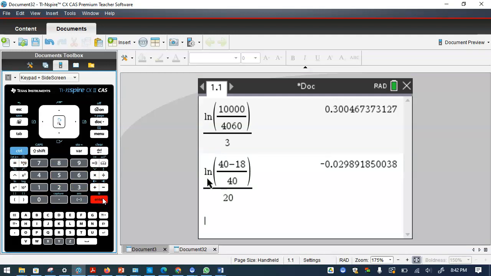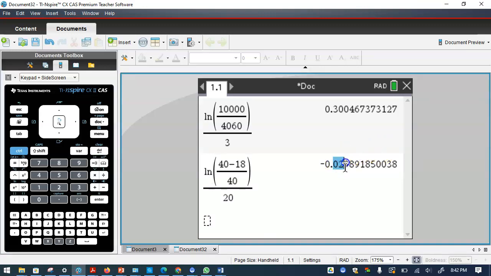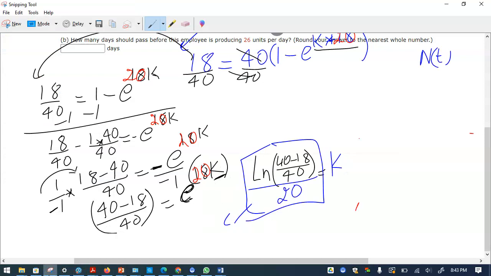Now you have to round this to the nearest three-place decimal. The digit on the right is an 8, so it rounds up: the 9 becomes 10, the 2 becomes 3. So you get minus 0.030. I'm going to go back and write it down here. So that's the first part.